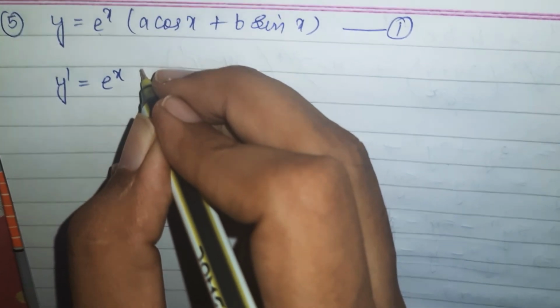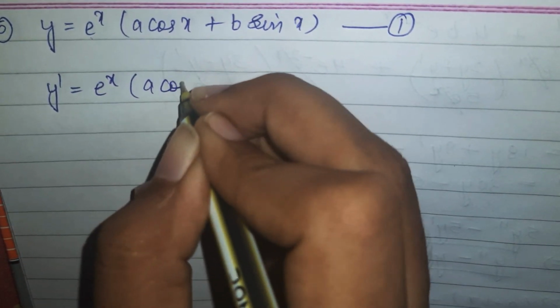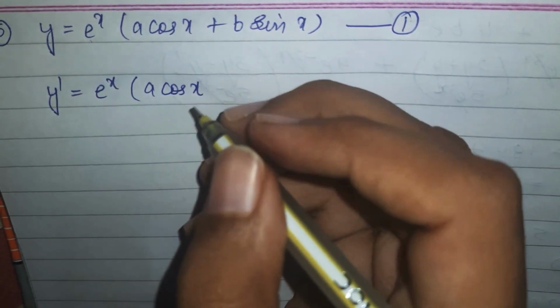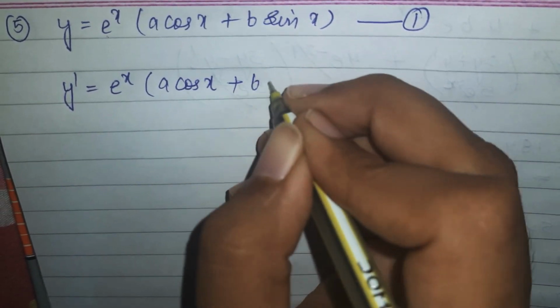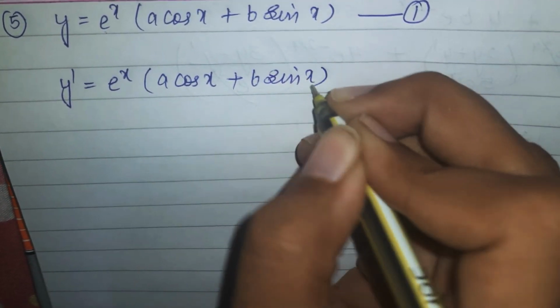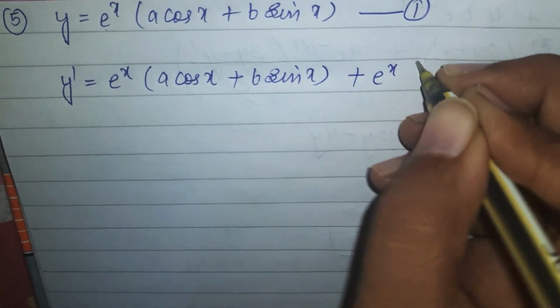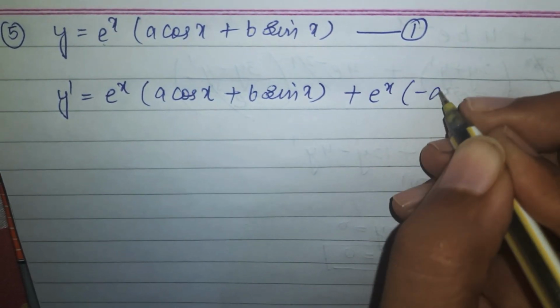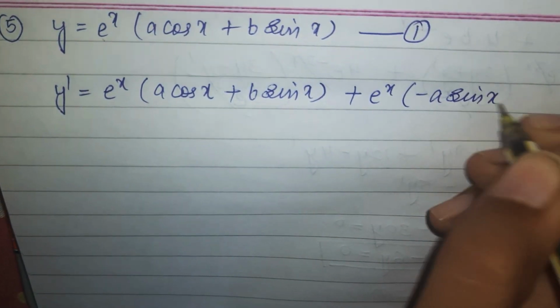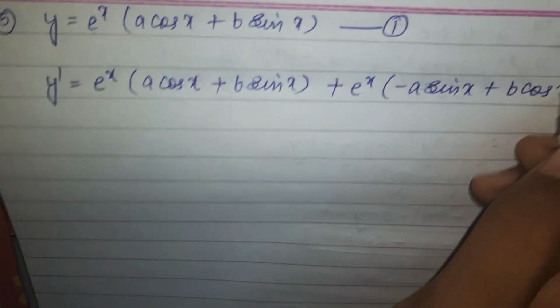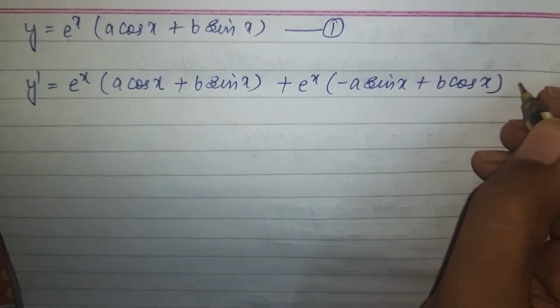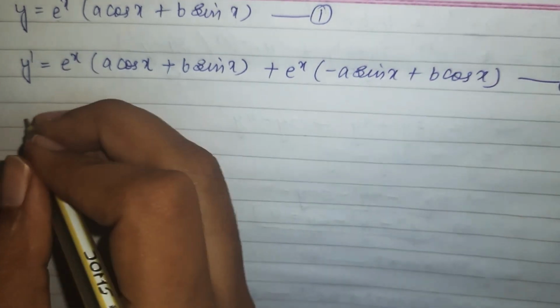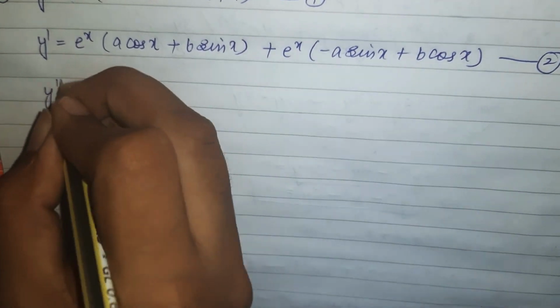The differentiation of e^x will be e^x, second function same, a cos x plus b sin x. Then e^x is the same, differentiation of the second function: minus a sin x plus b cos x. Mark it as 2. Take the second derivative y double dash.